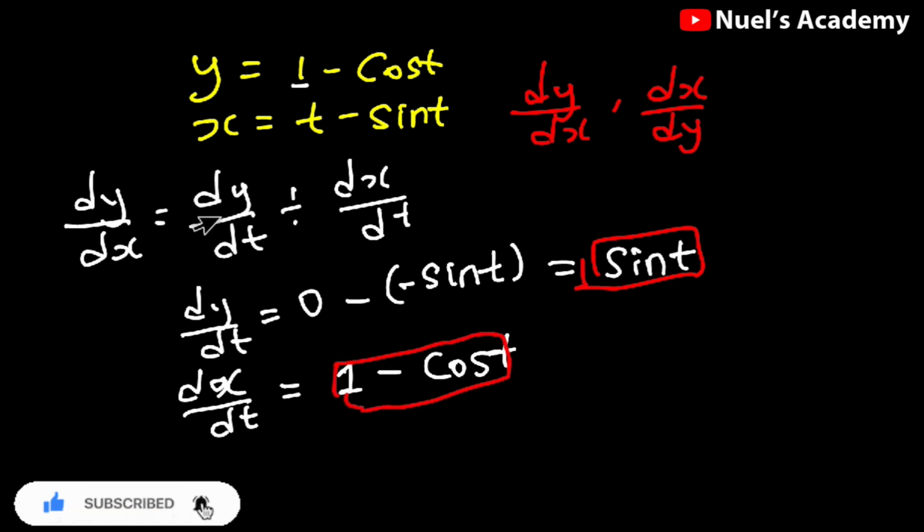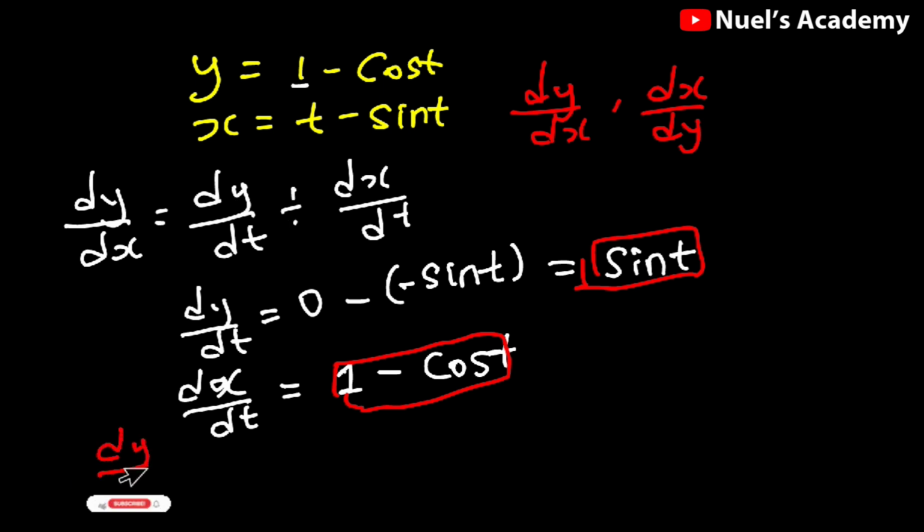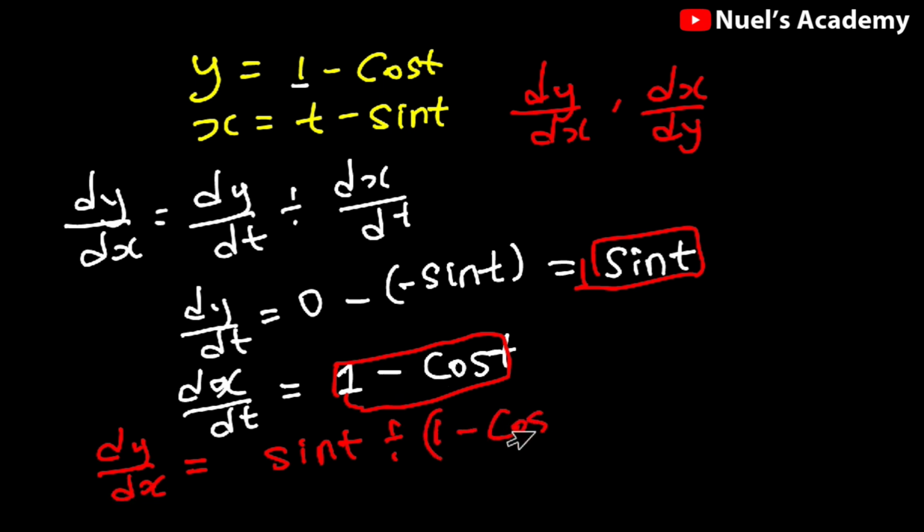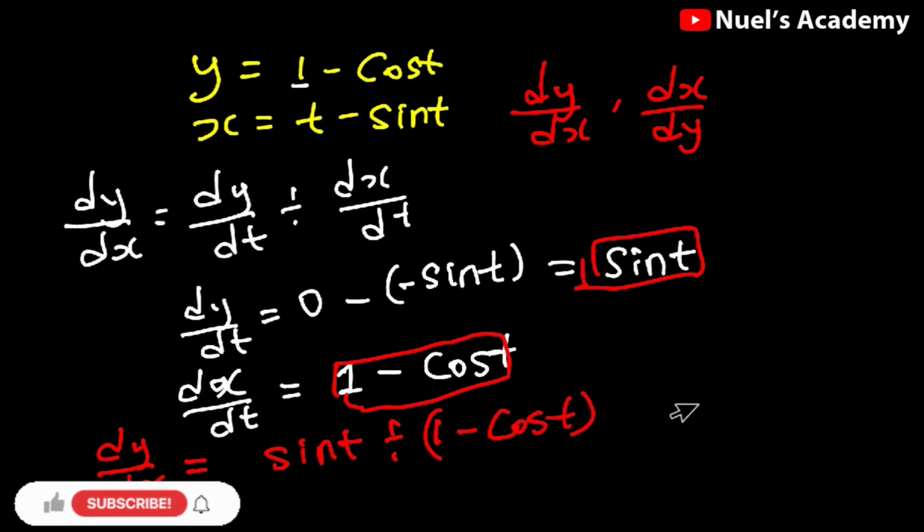Let's substitute them into this equation here. So we have that dy/dx is equal to, dy/dt is sine t, divided by dx/dt, which is 1 minus cosine t.